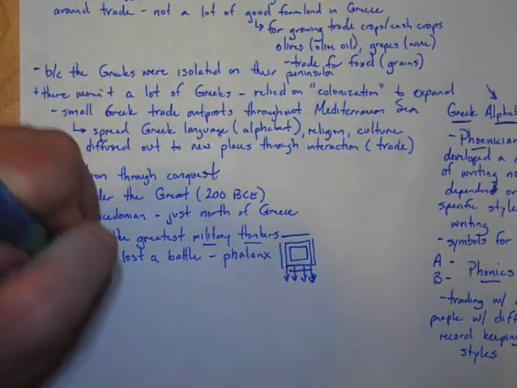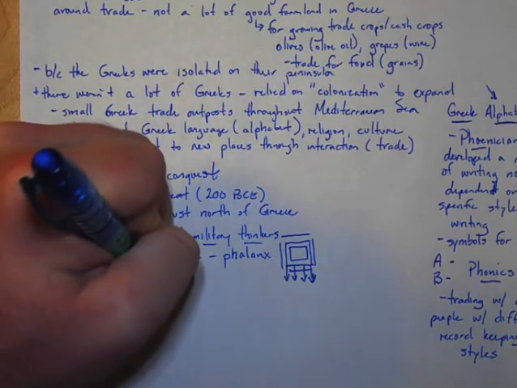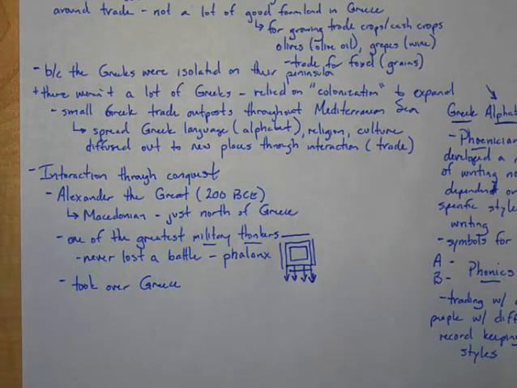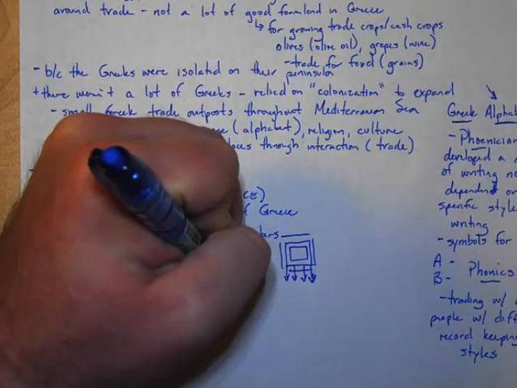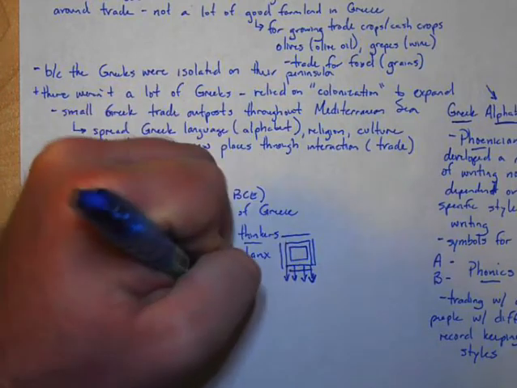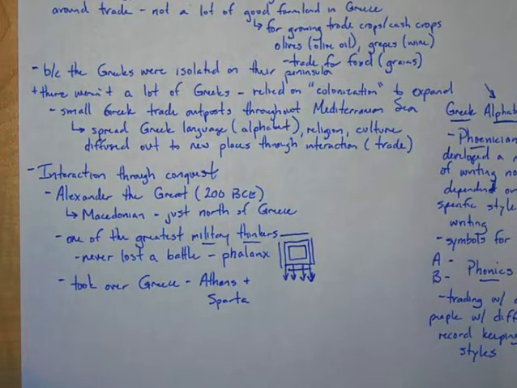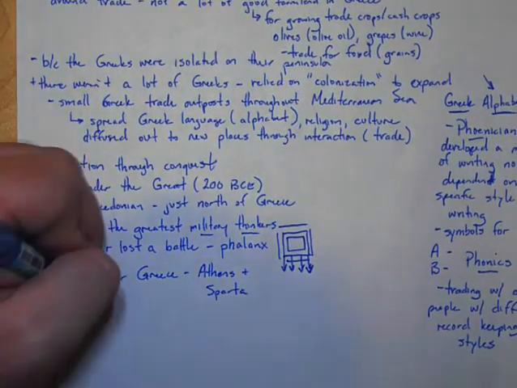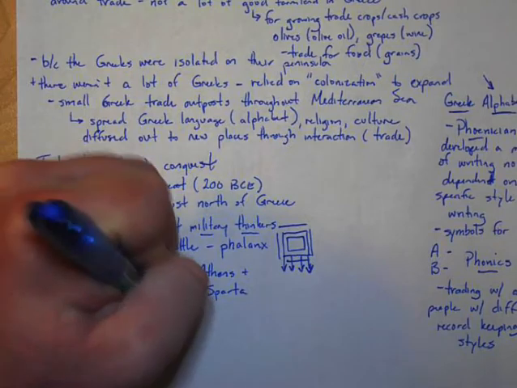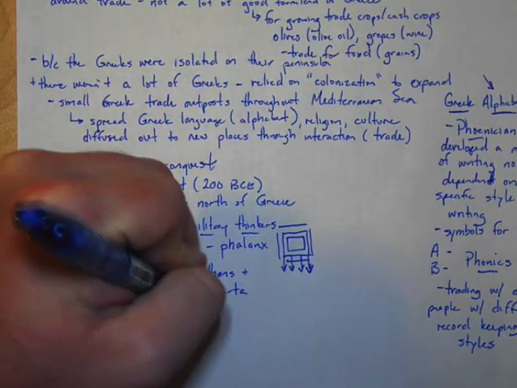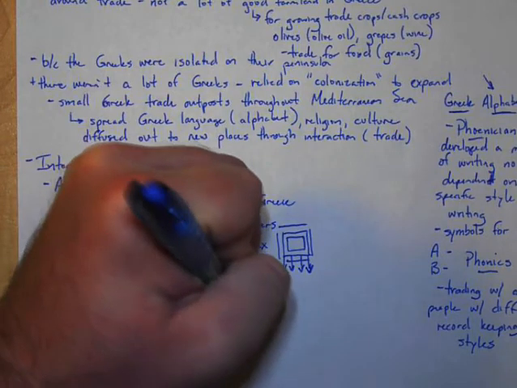He took over first Greece. So the two main places in Greece, he took over Athens and Sparta. So he took over all of Greece. Then he took over Egypt. And then he went and took over Persia.